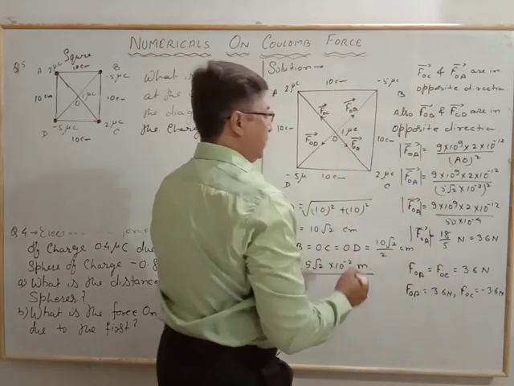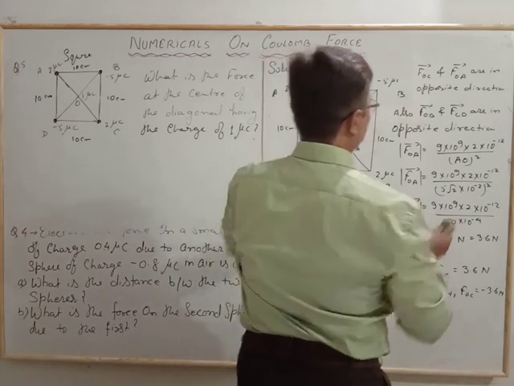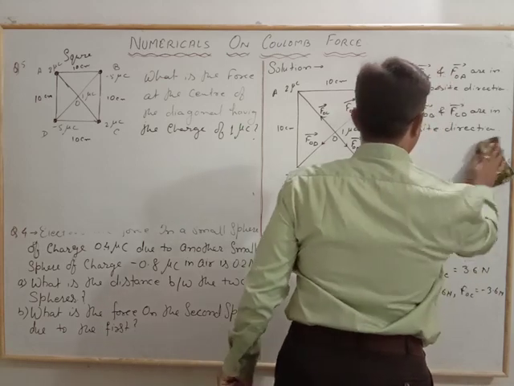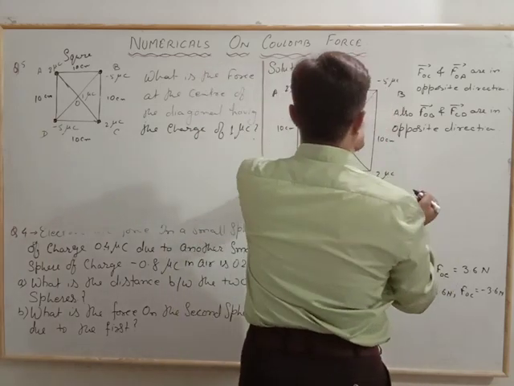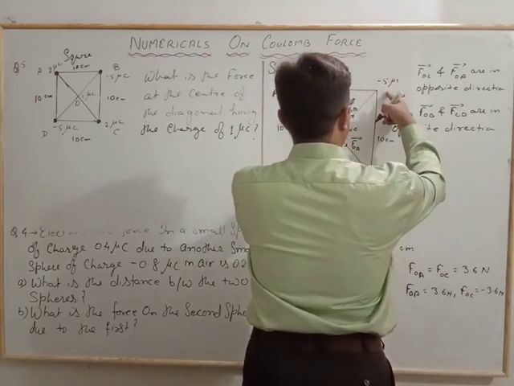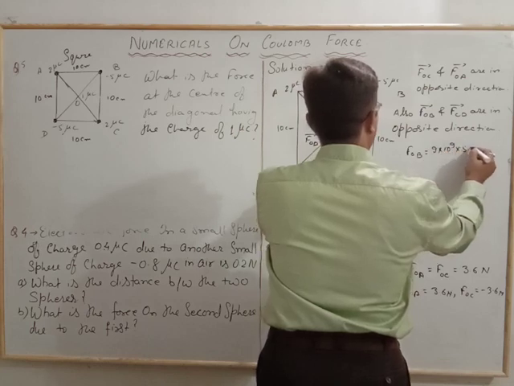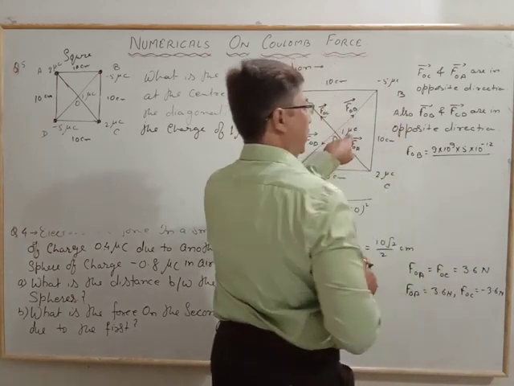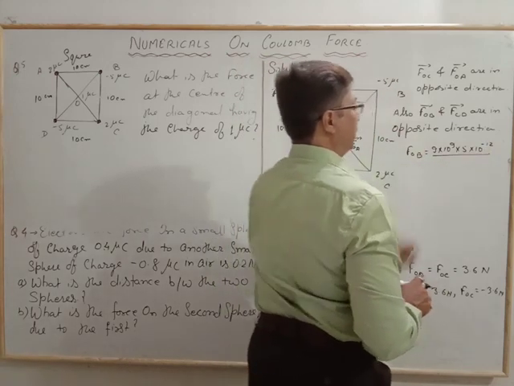Similarly, we will calculate the relation for FOB. The magnitude of FOB is 9 into 10 to the power 9 into 5 into 10 to the power minus 12, micro here also, micro here also, so 10 to the power minus 6 into 10 to the power minus 6 becomes 10 to the power minus 12.